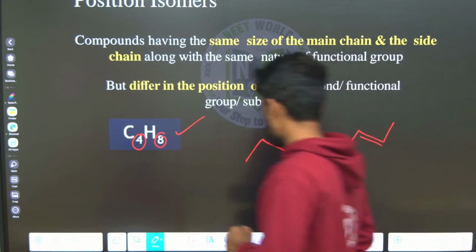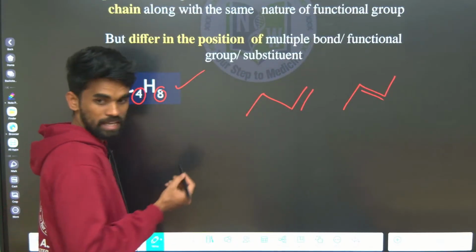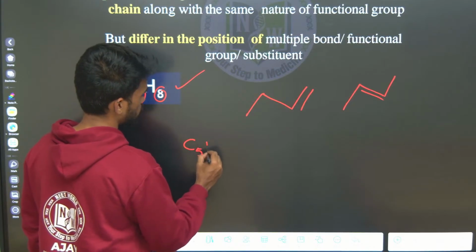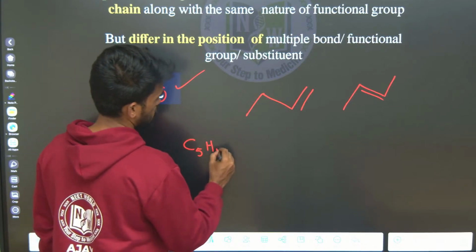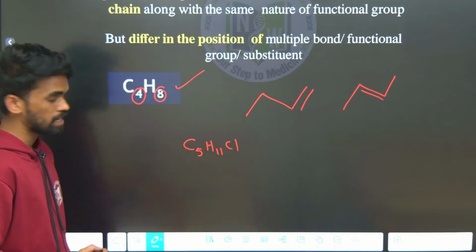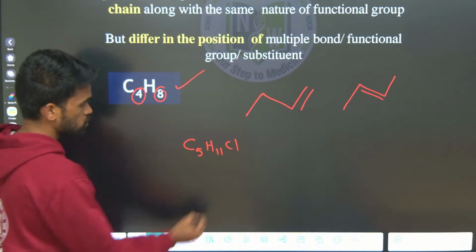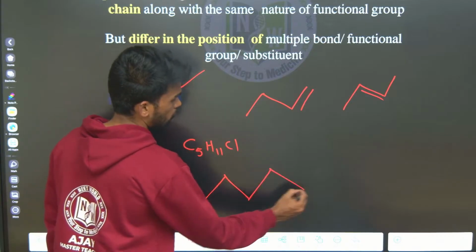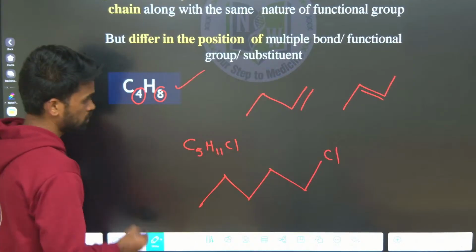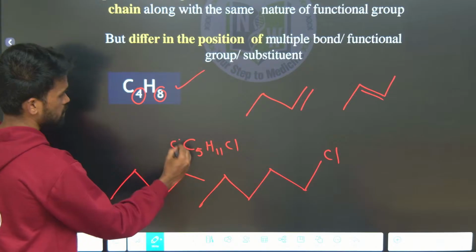For example, I am taking haloalkanes now. C5H11Cl. Is it alkene or alkane? Alkane, CnH2n+2. So now with 5 carbons, I am writing chlorine at the terminal side, and at the second position.